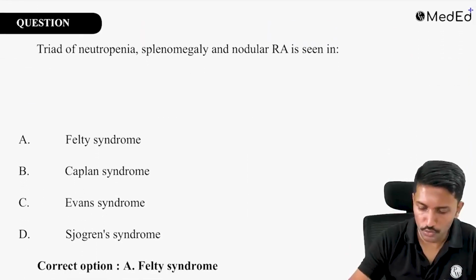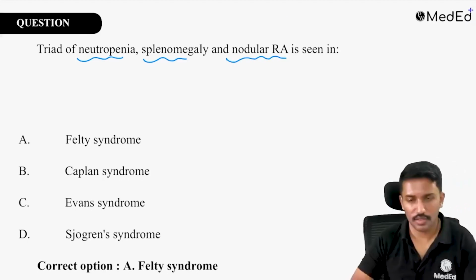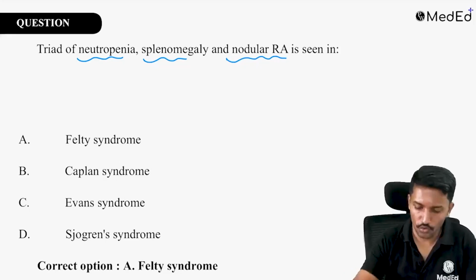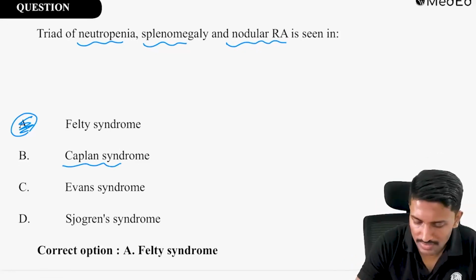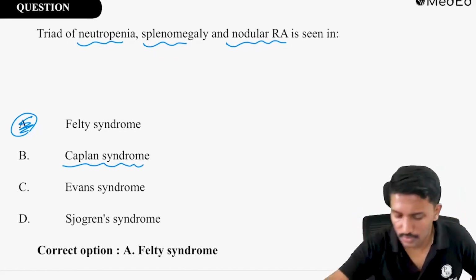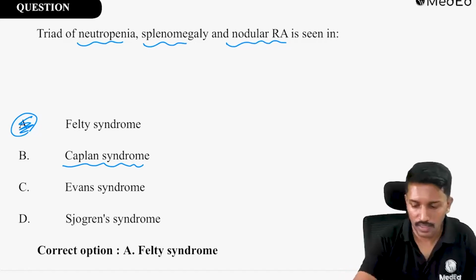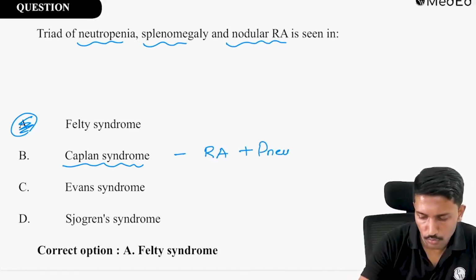Next, the triad of neutropenia, splenomegaly, and nodular rheumatoid arthritis is seen. Now, this is known to all of you. The answer is Felty syndrome. Then comes the question, what is Kaplan syndrome? Kaplan syndrome is a combination of rheumatoid arthritis plus pneumoconiosis.